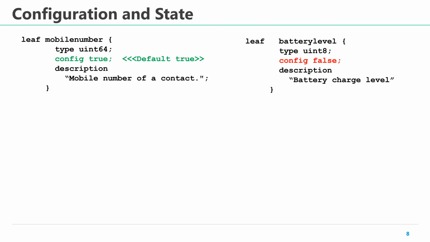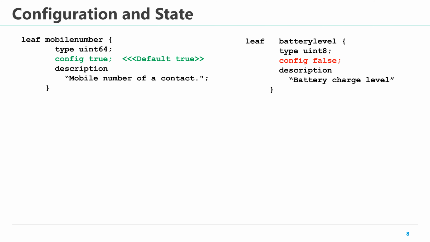So this is what we call as configuration true. YANG has a statement called config statement to do this purpose. You see the example here. You say leaf mobile number and you mention config as true. By default, it is not required to mention this config statement. The default value assumed by YANG is true.